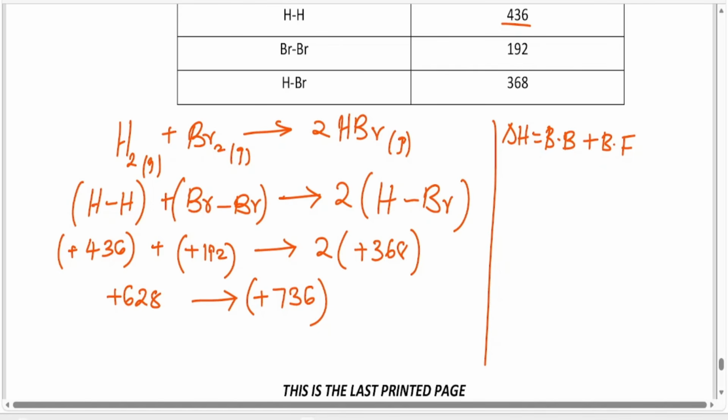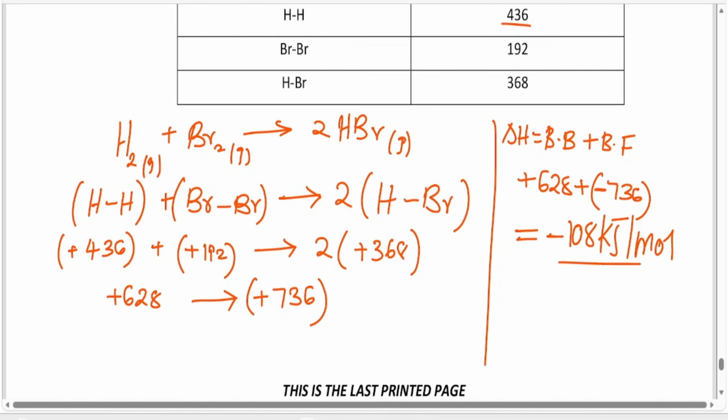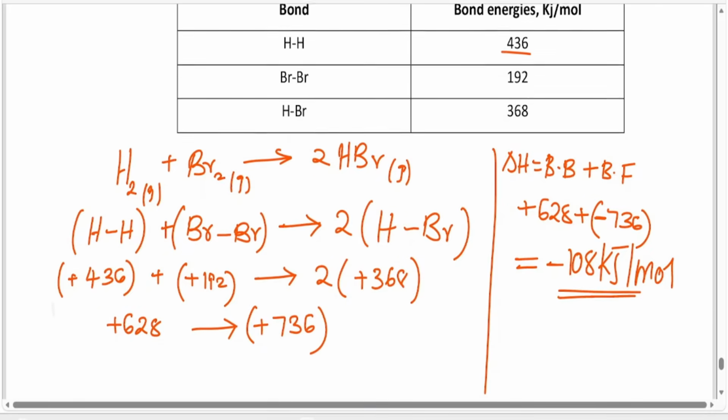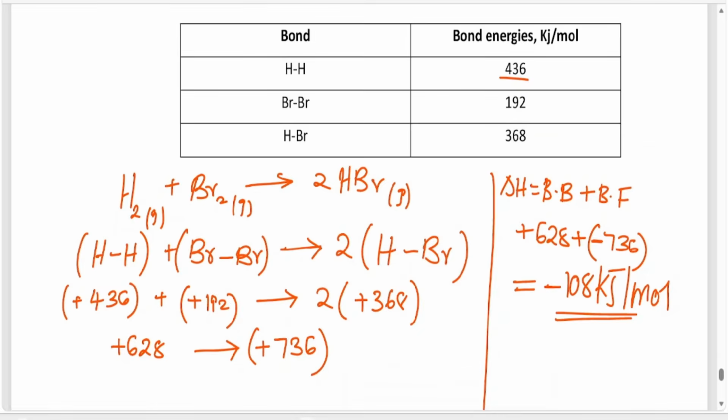So in this case, I will have positive 628 plus negative 736, because this is an exothermic reaction. When I do the summation, I'm going to have negative 108 kilojoules per mole, and that is the correct answer to the question.